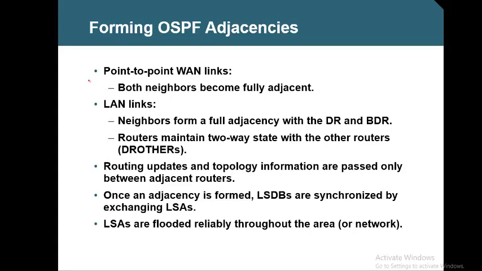Again, as I just said, we have a point-to-point network. We have a broadcast type network. See, LAN is considered as a broadcast domain. So when you have two routers connected back to back like this, we call it point-to-point.